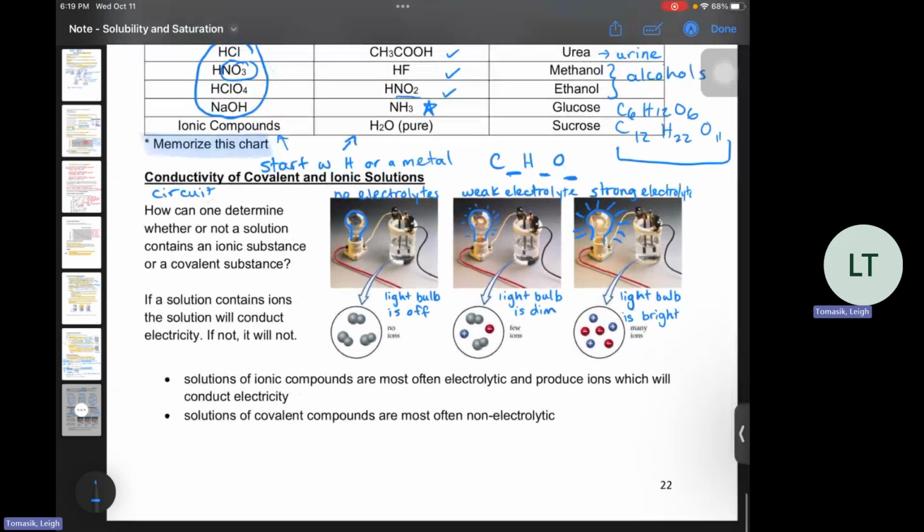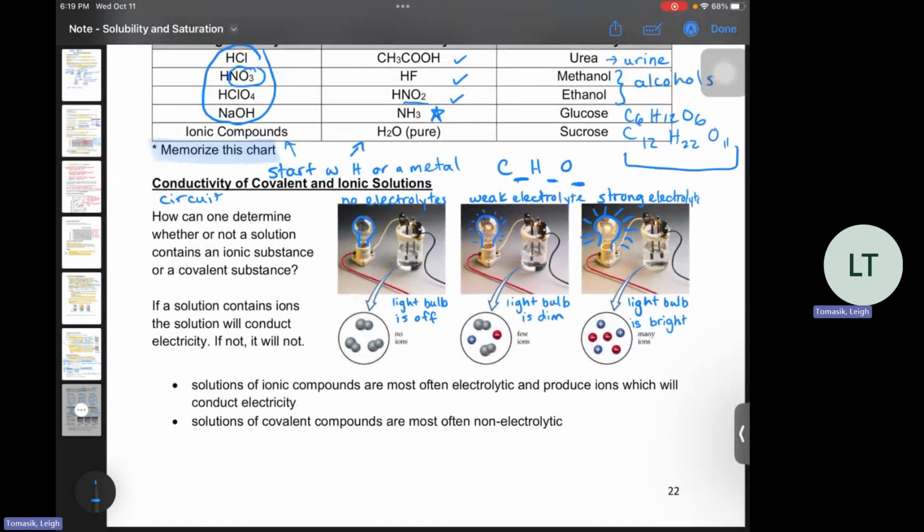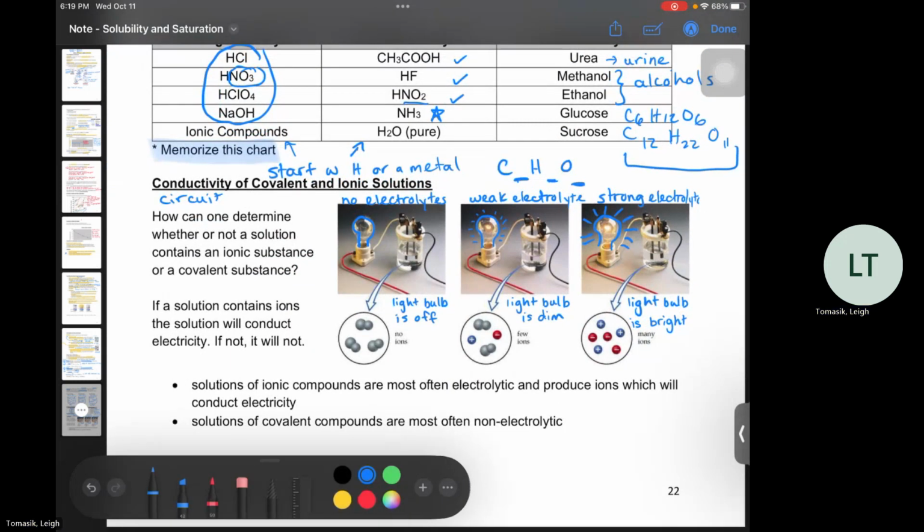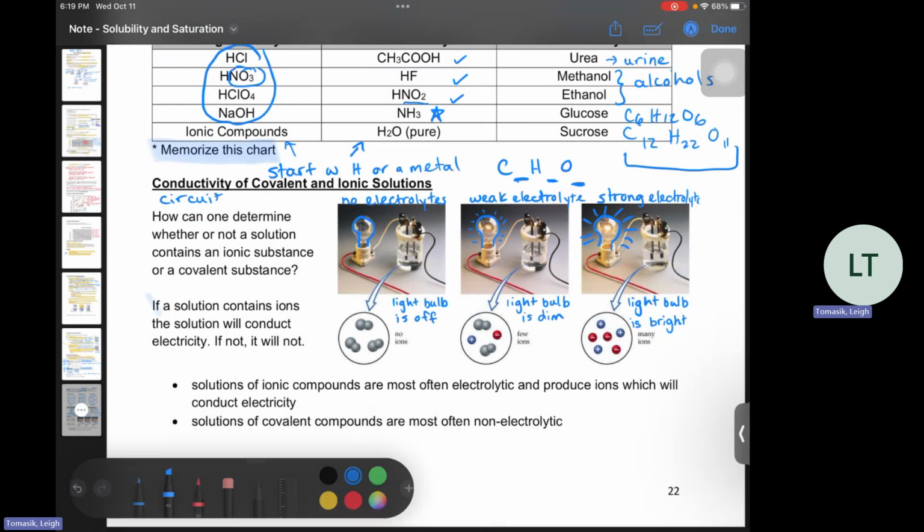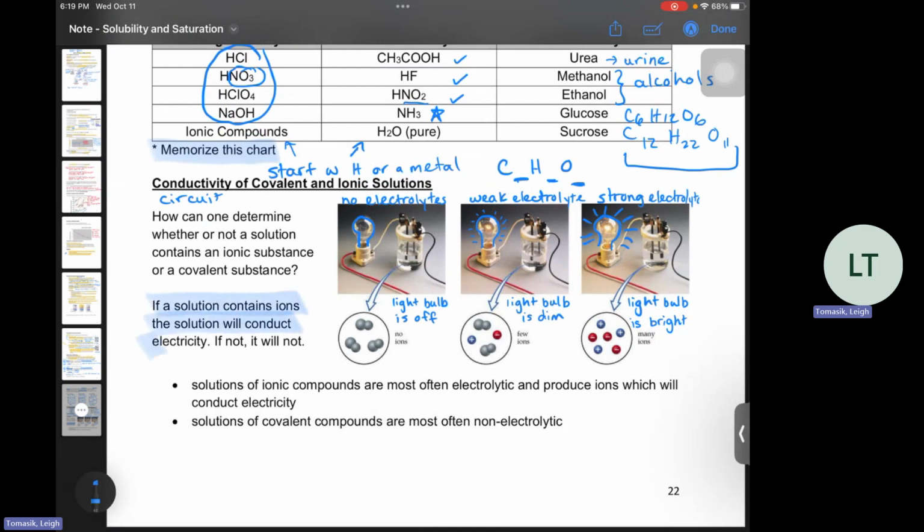So if a solution contains ions, the solution will conduct electricity. If it does not contain ions, it will not. That's why if it has no electrolytes, no light bulb, no light. Solutions of ionic compounds are most often electrolytic and produce ions which will conduct electricity. Solutions of covalent compounds are most likely non-electrolytic.